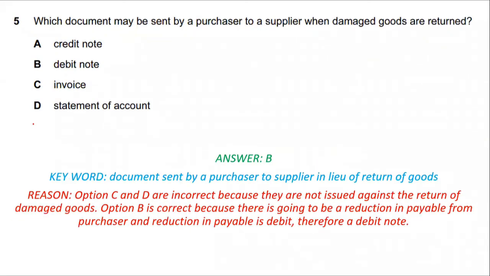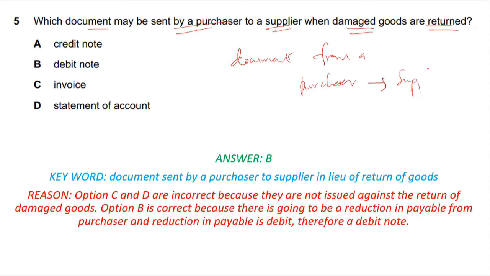Multiple choice 5, which document may be sent by a purchaser to a supplier when damaged goods are returned? So it's asking about a document from a purchaser to its supplier for returned goods.